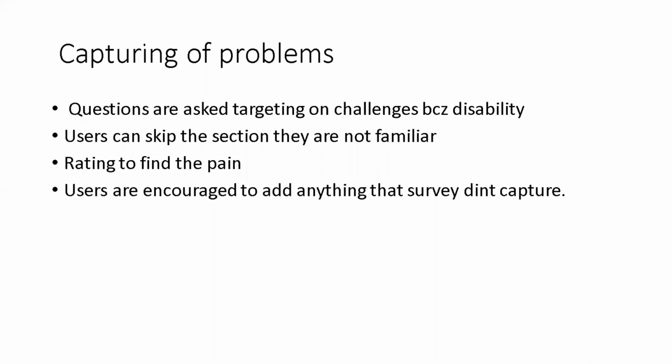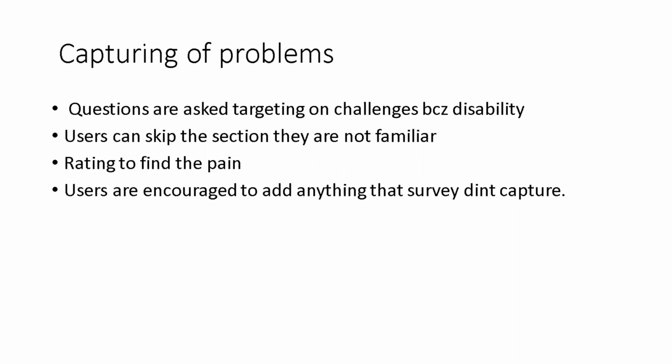If a person can see completely, he is more than happy to skip that section, just to not have unwanted information, or just to not waste their time. So we did have sections depending on disability. If they are not of that disability category, they are more than happy to skip the section.